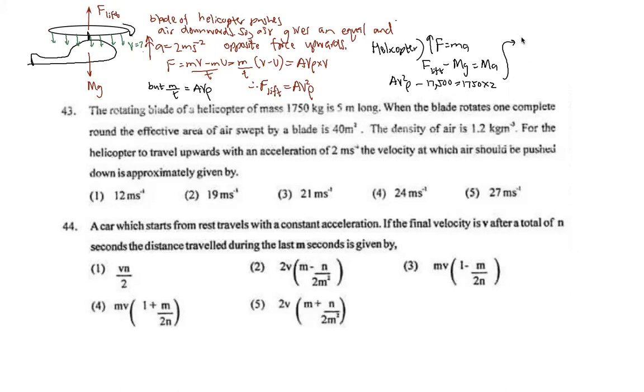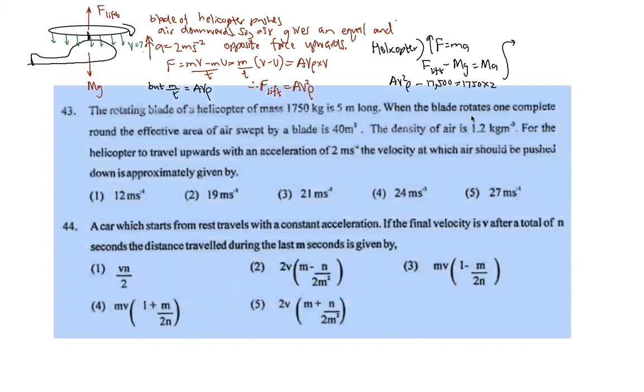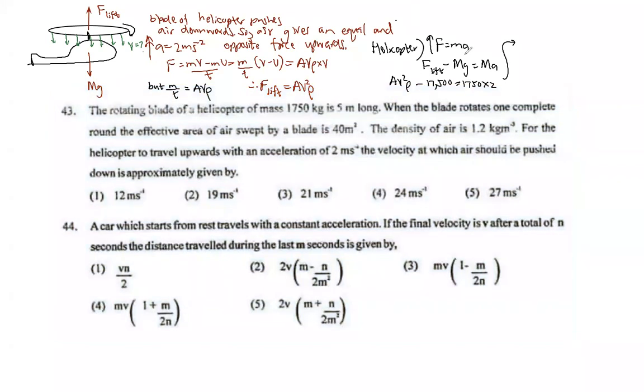This one you can write this way. I'll just write the important parts. You can rewrite the equation this way: A is 40, into v squared into 1.2, minus 1,750 into 10 kilograms equal to 1,750 into 2.